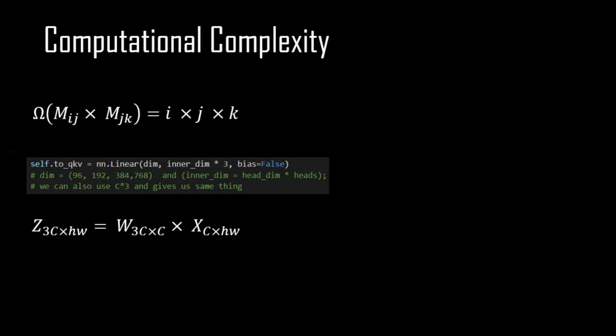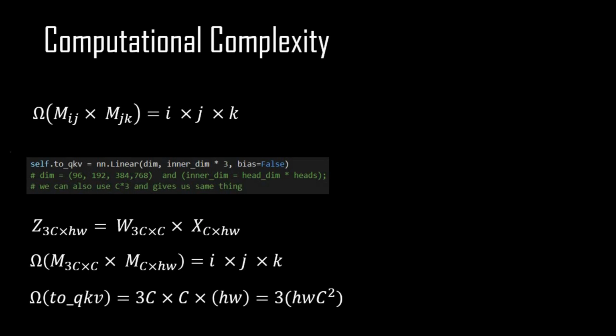So we have one weight here, and the size of that is 3c by c, the size of the input is c times hw, and the output is 3c times hw. As a result, if we use this formula, we get 3c, which is our i, times c, our j, times hw, which is our k. So this is the time complexity for this linear layer.